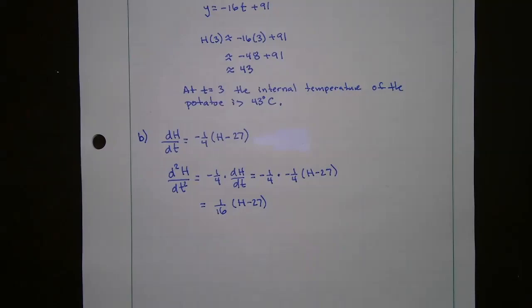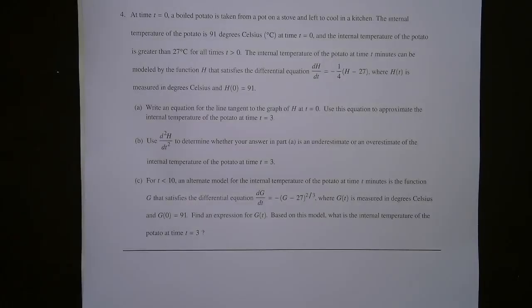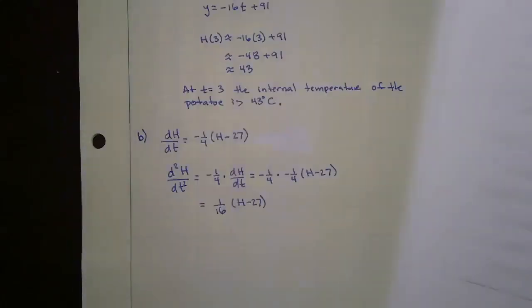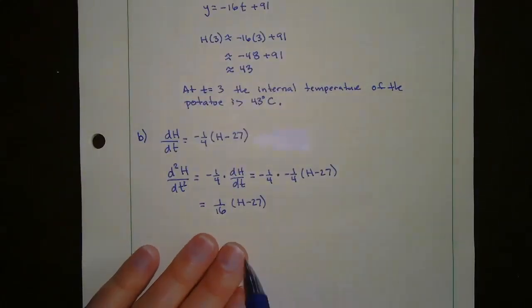So let's go back and read the question again. We want to use the second derivative to determine whether part A is an underestimate or an overestimate of the internal temperature. So we got to determine the concavity of this, right? Now, a few things to think about, okay? I'm going to go back and forth between this and my second derivative.